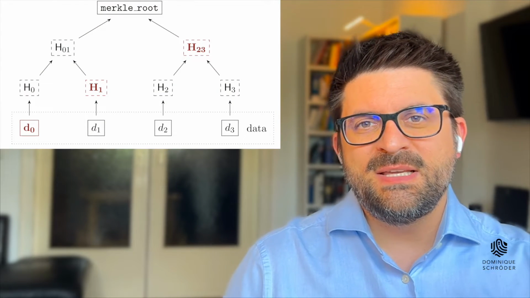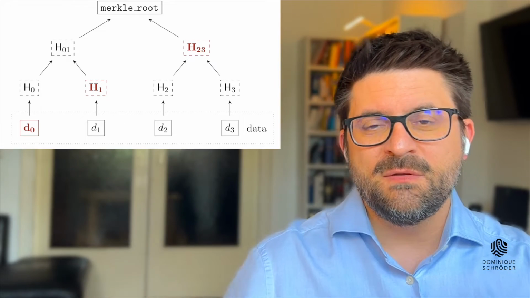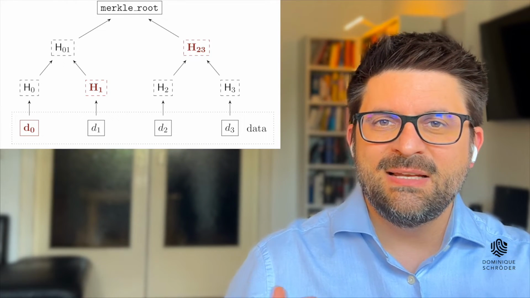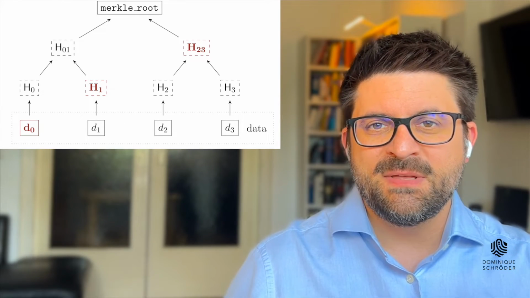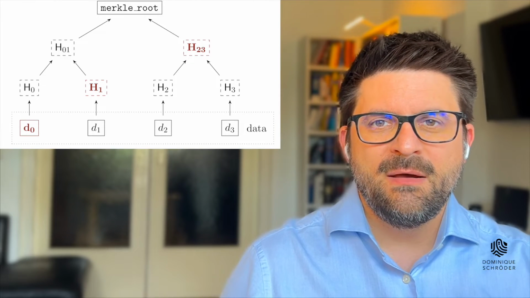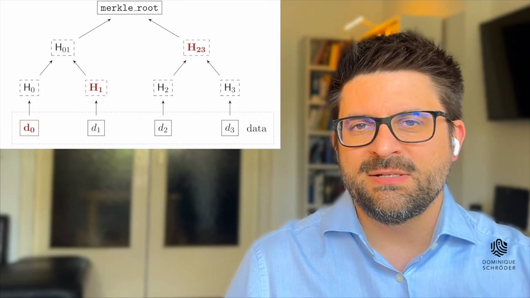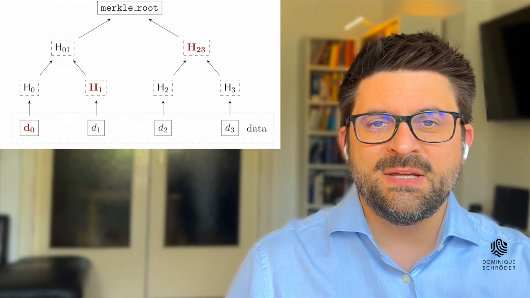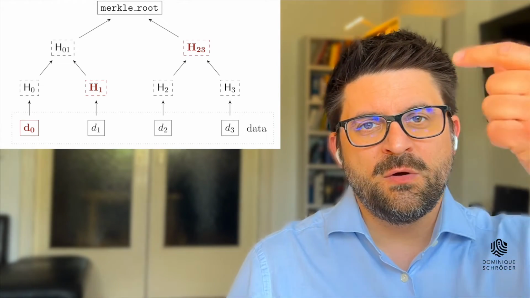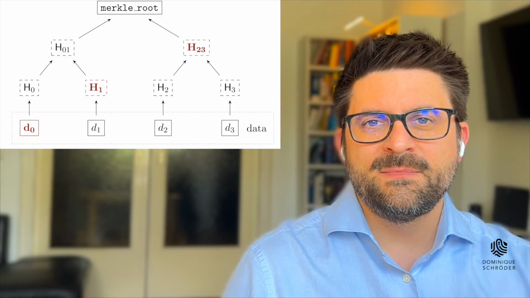As you can see, D is the input to the hash function. That's the step that is computed first. On the other hand, you can see that the other element, H1, is also marked red. This is the element that is necessary in order to compute the parent node above.